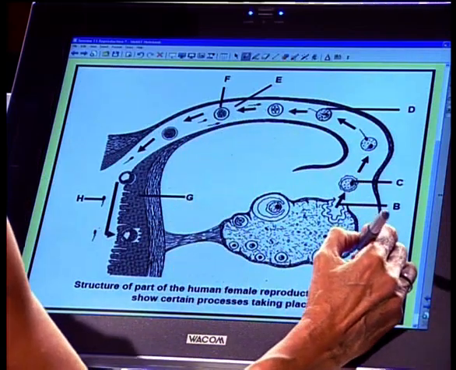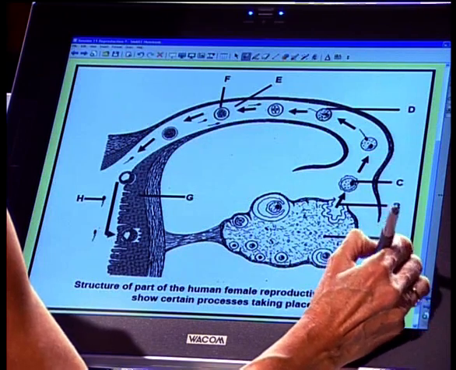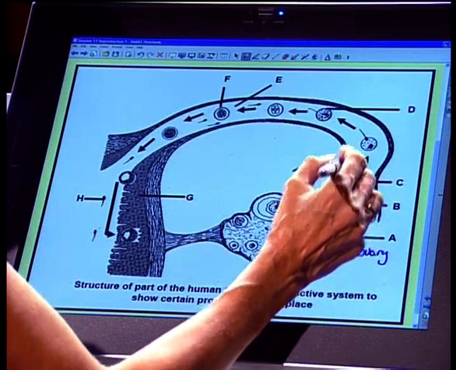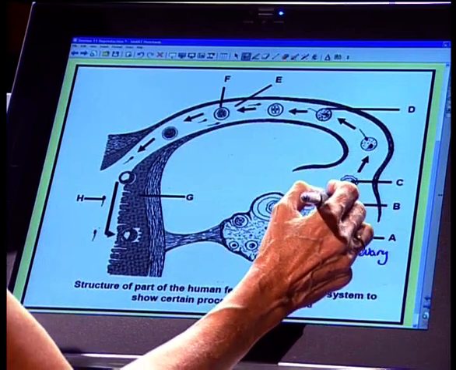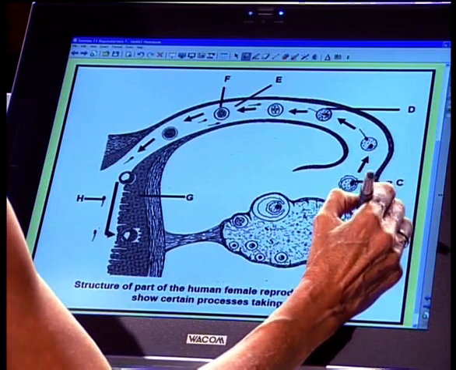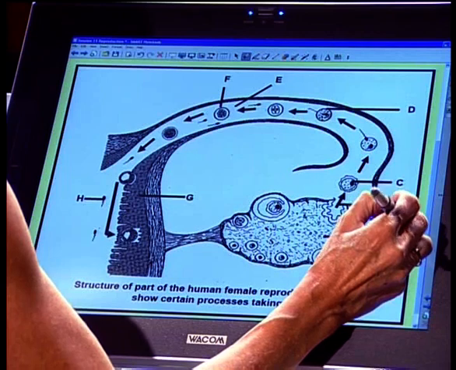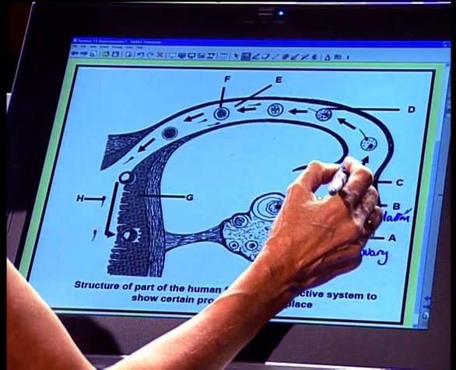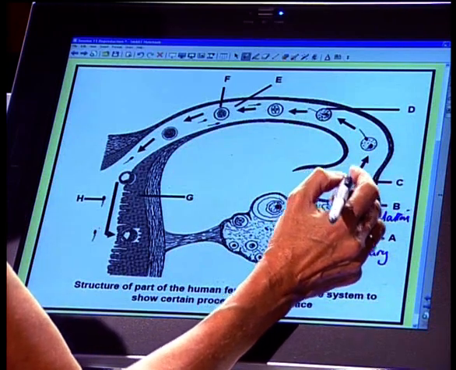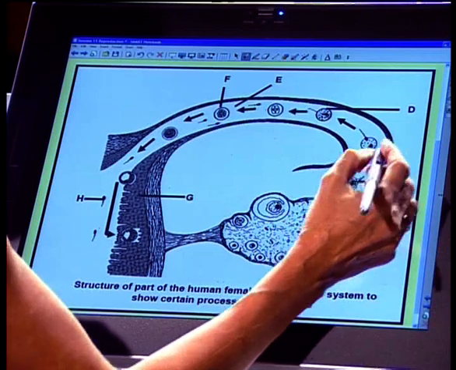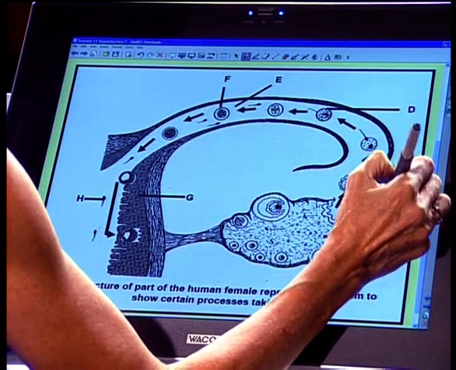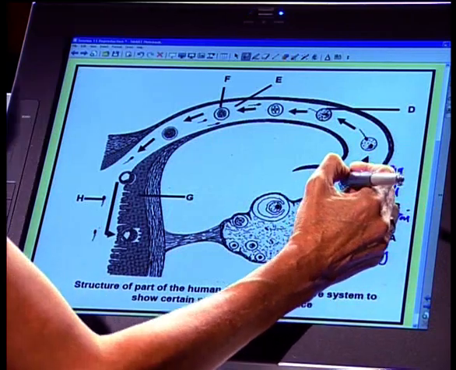Now, this structure here would be the ovary. Then this structure here, it's this releasing process, because you see it's pointing to the arrow, that would be ovulation. Okay? Now, once we've got ovulation occurring, this little structure here is our egg cell. But it's pointing to a part in the egg cell.